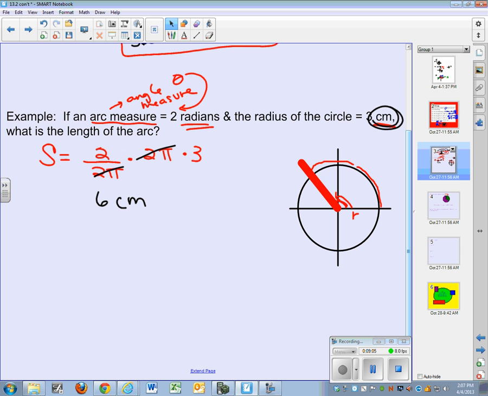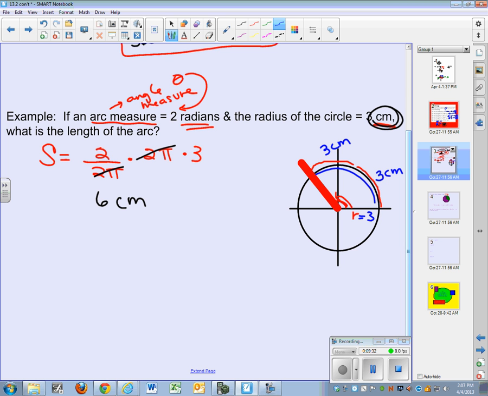And if we know that the radius is 3, remember from yesterday that 1 radius equals 1 radian. So each of these radians would be 3 centimeters. And so if I add that up, that total distance is 6. In picture form, it looks really easy. In words, maybe not so much.